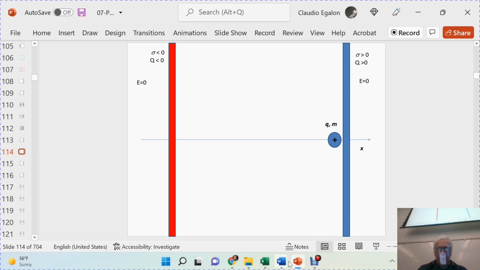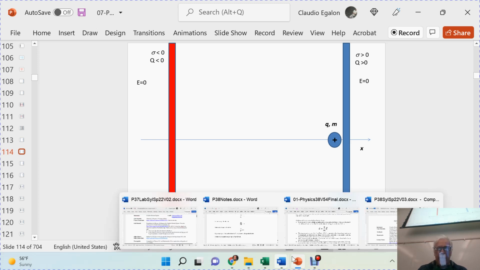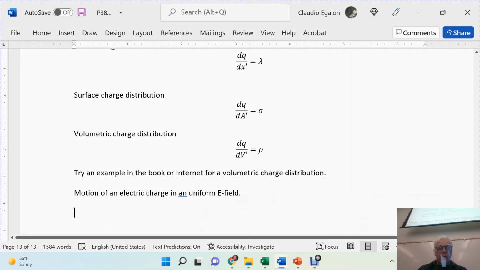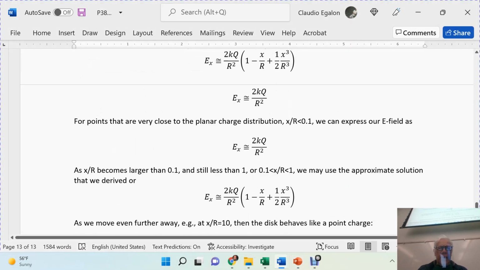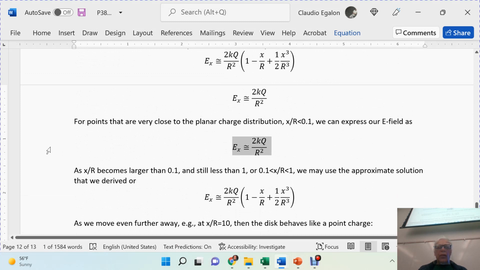And we found out what this electric field is going to be from the derivation I gave to you, right? So here, let's just remember what the electric field is. Here we go. The electric field is something like that. Twice k q over r squared for one single plate.